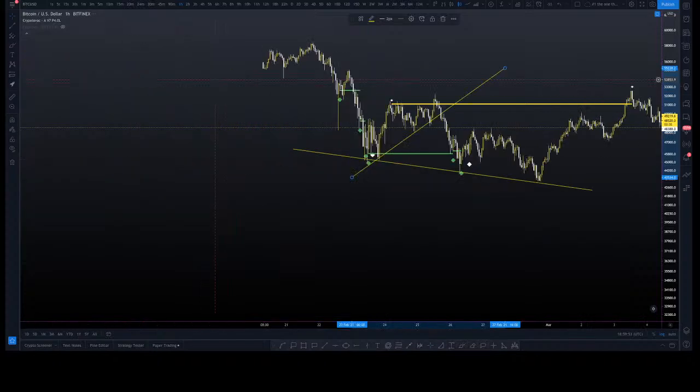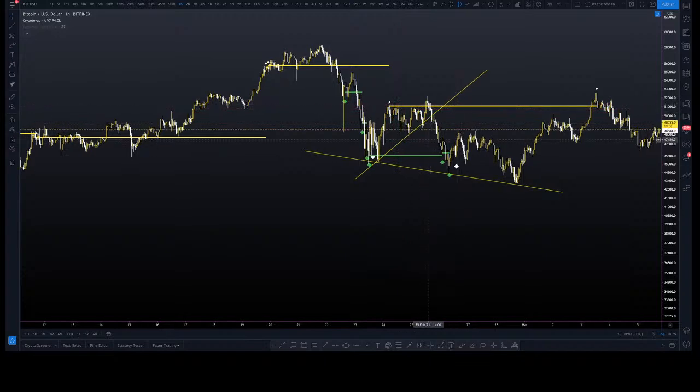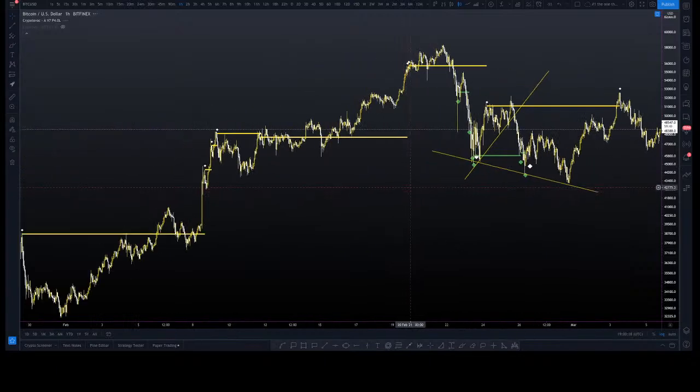And why did it fail? Well, that was resistance. So as we went down, we still don't know that there's going to be a cluster here. But if you look left, we had support here and support right there, so we could roughly guess where our lines of support or resistance are going to be.